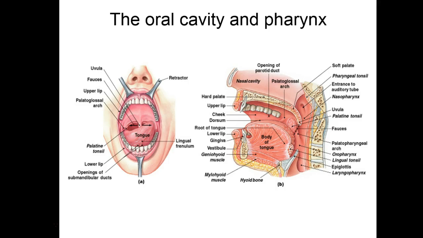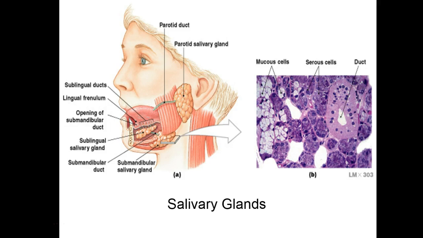And then you have the area of the oropharynx and the pharynx, the beginning of the oral cavities. You don't have to know all of this, but I'd be kind of familiar with these pictures, certainly for lab. And then you have your salivary glands. I think the thing you want to know about them is their existence: the parotids, submandibular, and sublingual.